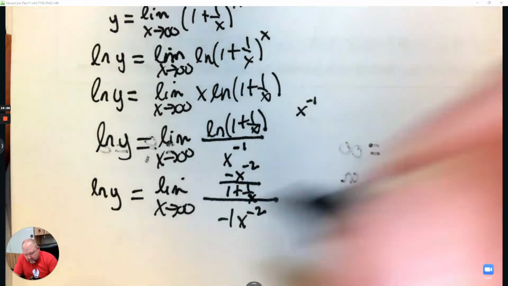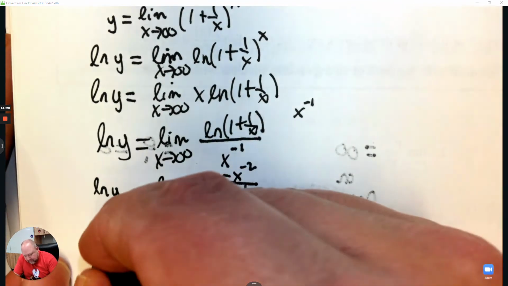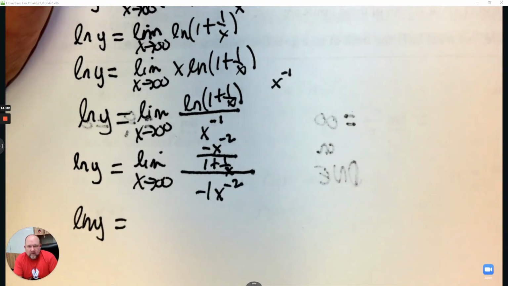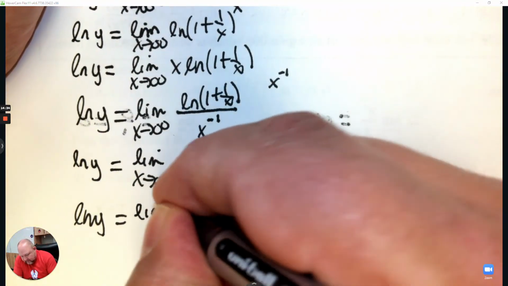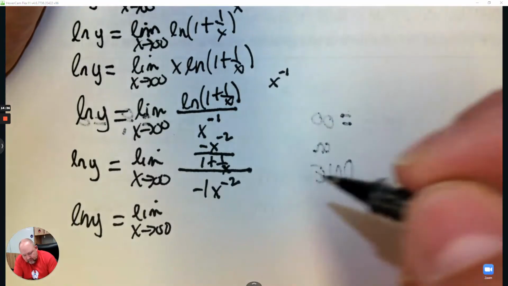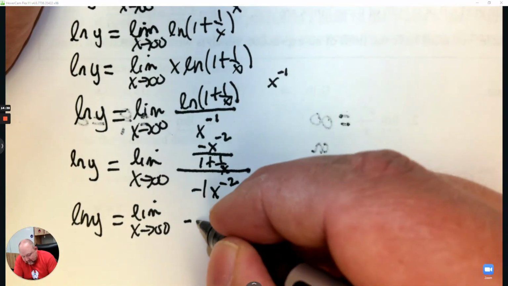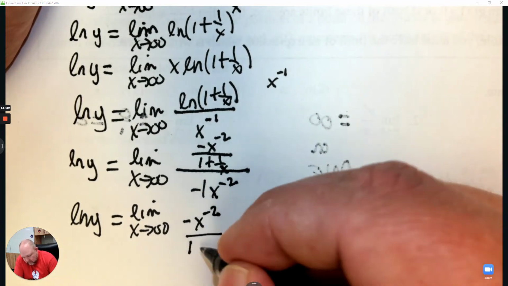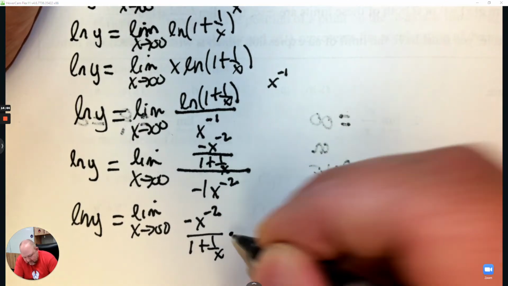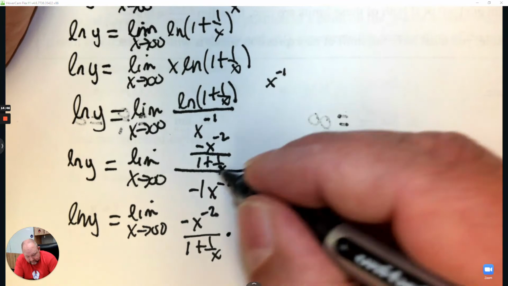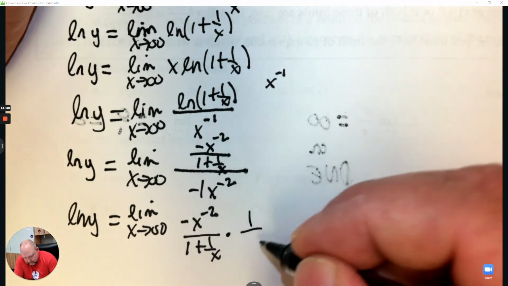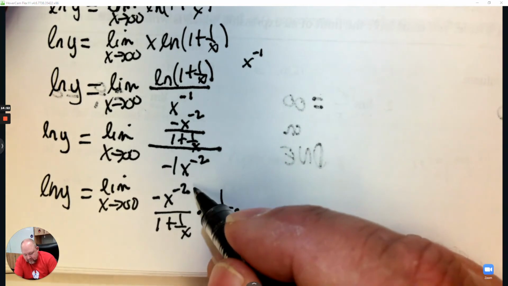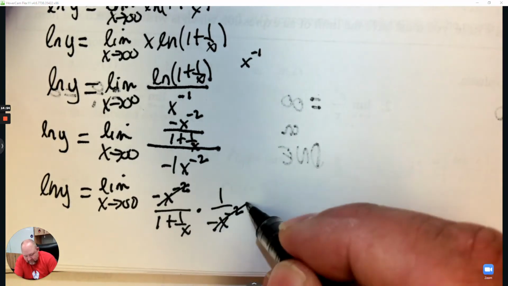Now we're going to do some algebra to simplify this. Whenever you divide fractions, you multiply times the reciprocal. So I have negative x to the negative 2 over 1 plus 1 over x times the reciprocal of what I just have there. And if you notice really carefully, the negative x to the negative 2 terms simplify out.